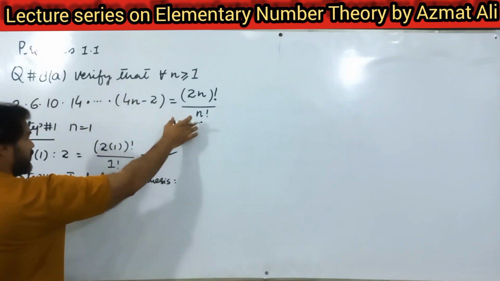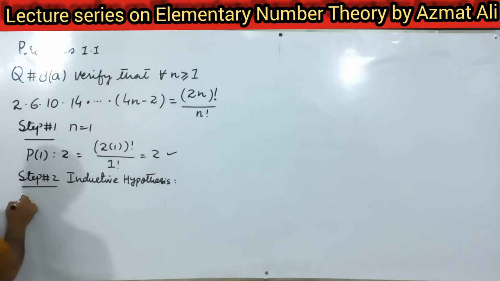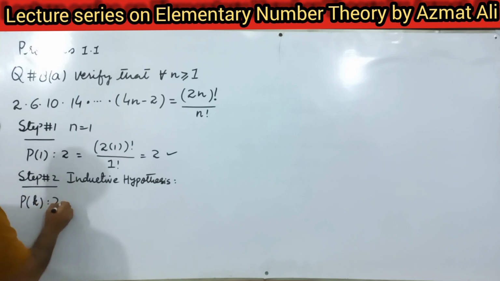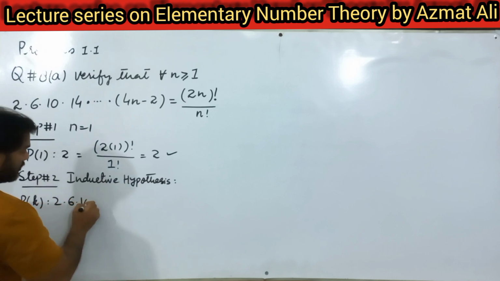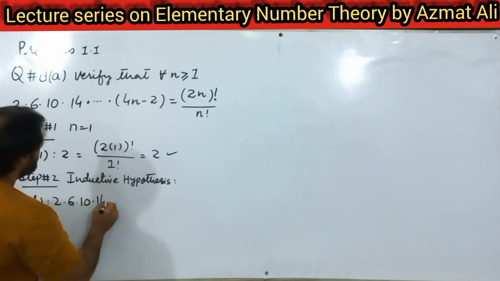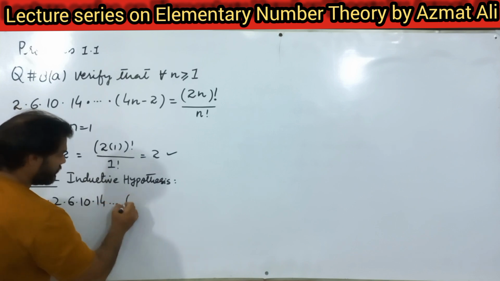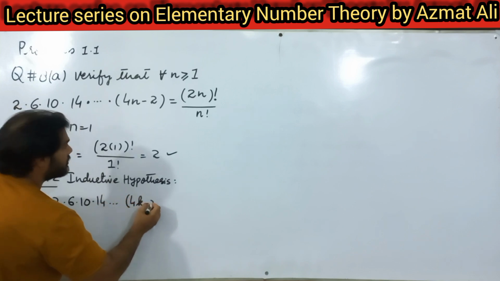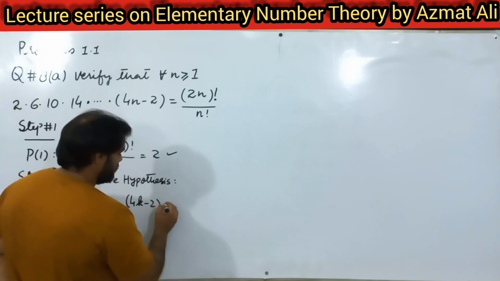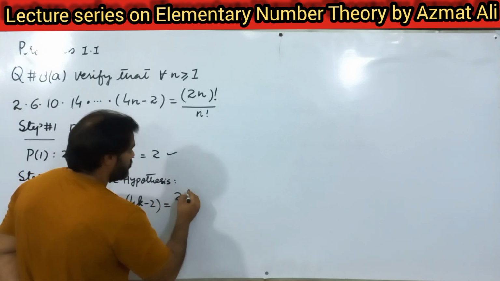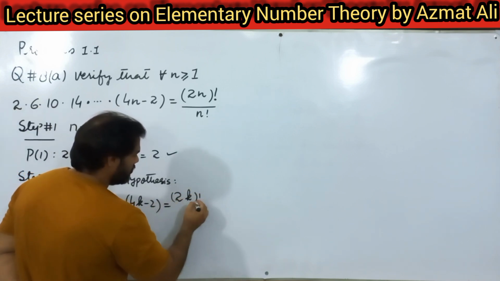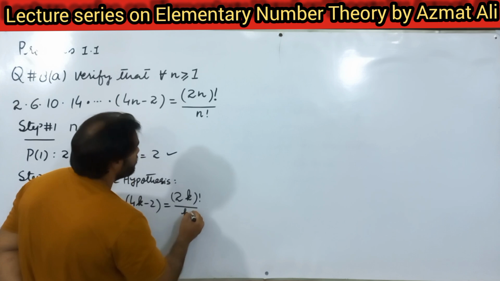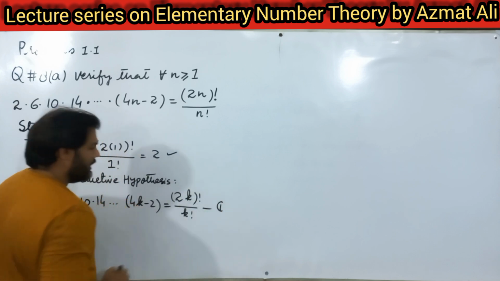So this statement for n is equal to k becomes P(k): 2 into 6 into 10 into 14 up to so on 4k minus 2 is equal to 2k factorial over k factorial. Suppose this is expression 1.